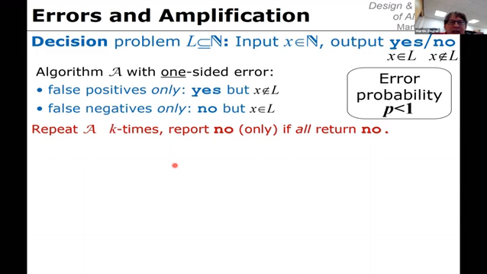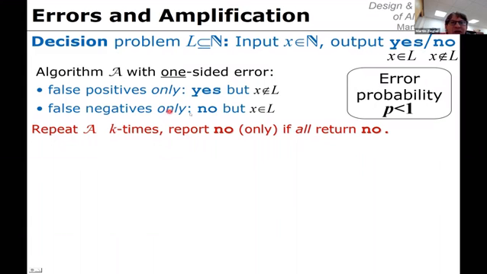So we repeat this algorithm k times, and if all executions of this algorithm say no, then our algorithm will also report no. But if any of these k executions says yes, then our algorithm will stop performing more executions and just say yes.